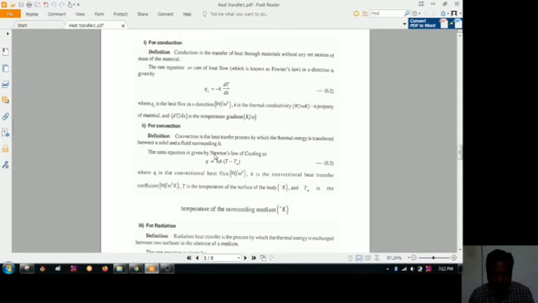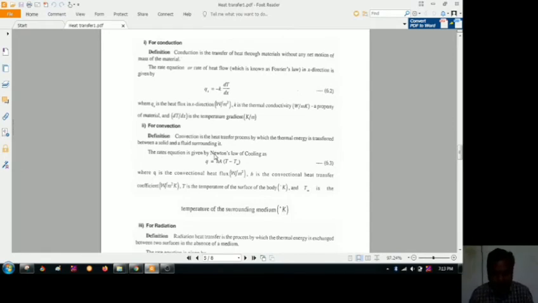Thermal conductivity differs from one material to another. For example, if you are using copper, the thermal conductivity is very high. When you use wood, the thermal conductivity is very low, right? And then dT by dx is the temperature gradient, in Kelvin per meter.